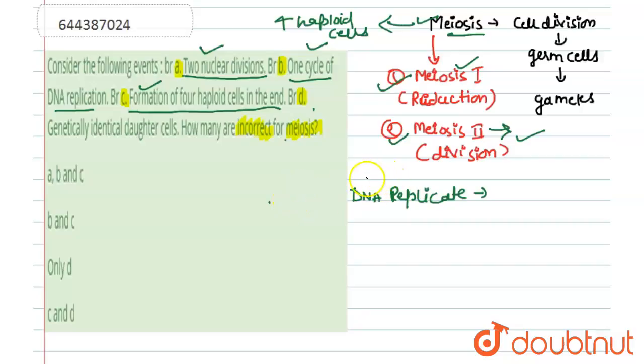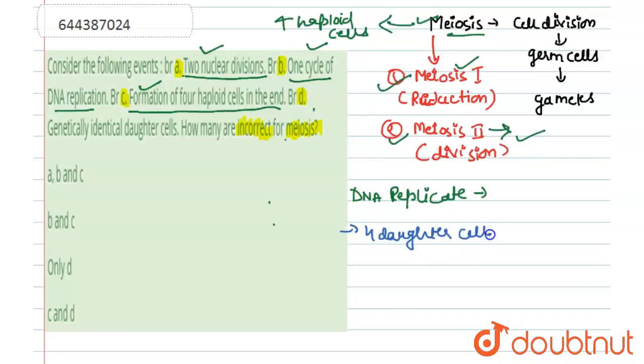Now our fourth event is genetically identical daughter cells being produced in meiosis. If we talk about crossing over in prophase 1 and independent assortment, resulting in 4 daughter cells.